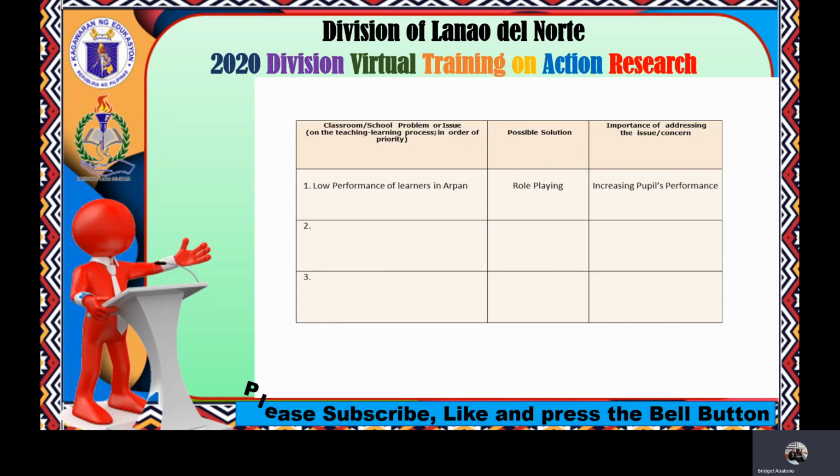At first, I wanted to conduct action research because I found it helpful for our school when there are problems. But my problem at that time, before I started, was that I did not know the guidelines. I did not know how to conduct it.